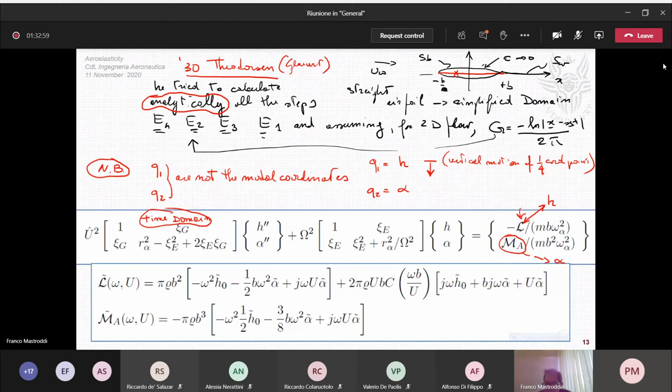So these two generalized forces are expressed by Theodorsen as a function of the motion. And this is the final Theodorsen formula in frequency domain. Frequency domain means for s equal to j omega. So we have a dependency of the lift on omega and on the Fourier transform of heave and pitch.